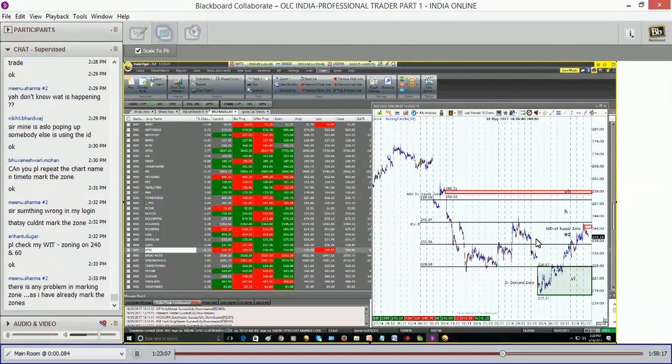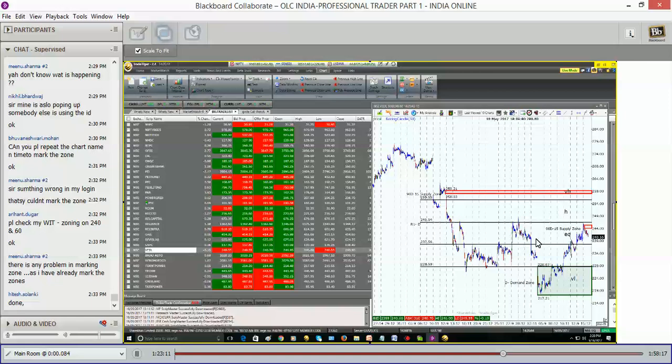Is there any problem marking zones? I'm not able to see your zones. No, Meenu, I'm in your lab only. Your lab is what is on the screen.